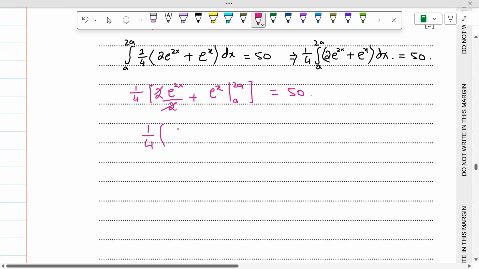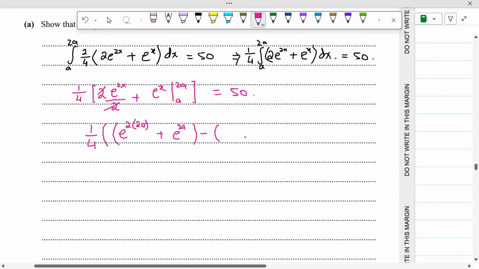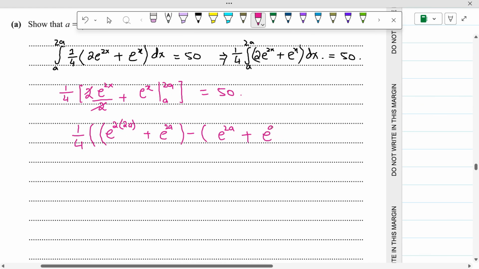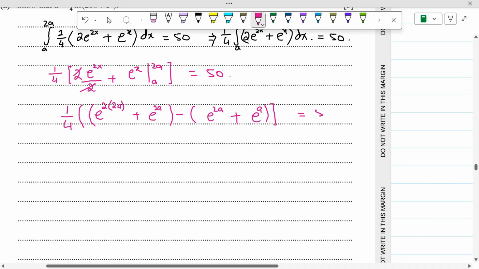Apply the upper limit: e^(2x) means e^(4a), plus e^x means e^(2a), minus, apply the lower limit, e^(2a) plus e^a, bracket close, and this is equal to 50.